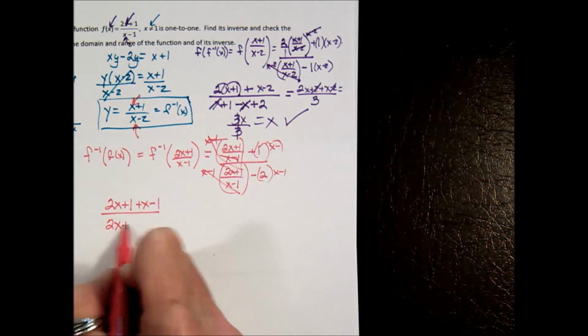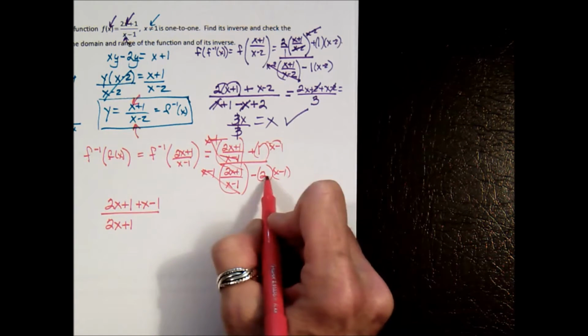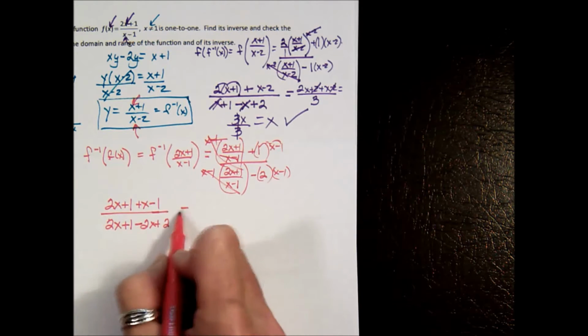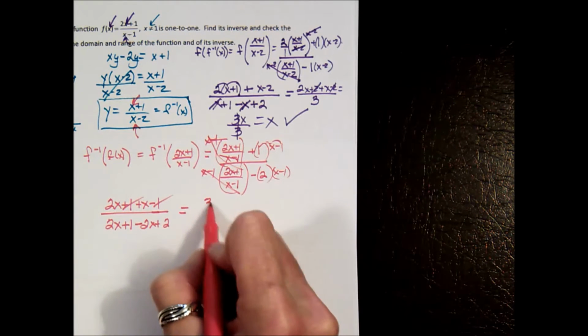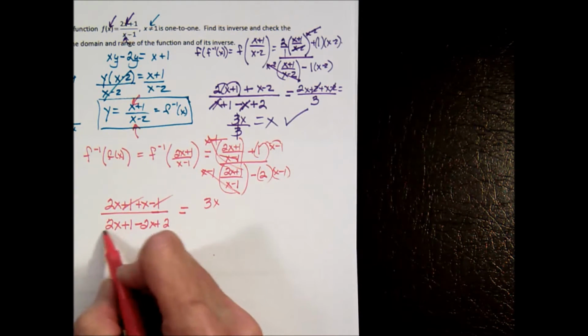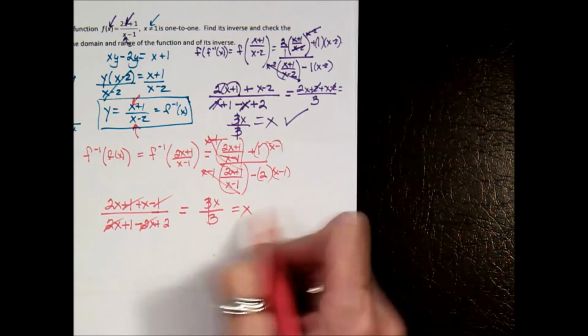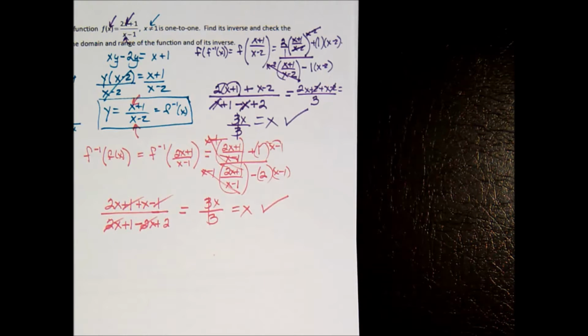Now distribute the negative 2. Minus 2x plus 2. That's a 3x. Here I have a 2x minus 2x over 3, which is x. It checks in that direction, but that was not an easy task to do.